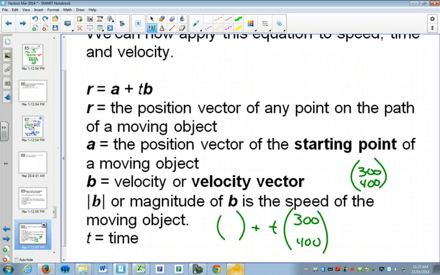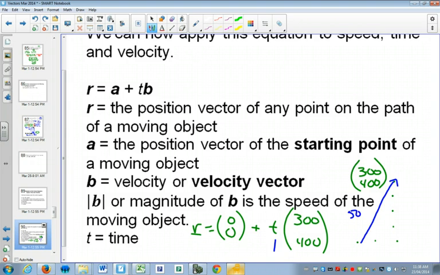There would be some initial vector. Maybe it's (0, 0). You're starting at just some fixed point that you say is (0, 0). And here is our equation for this plane. What this velocity vector says is that when time is 1, in other words in 1 hour, it's going to go 300 in the x direction and 400 in the y direction.